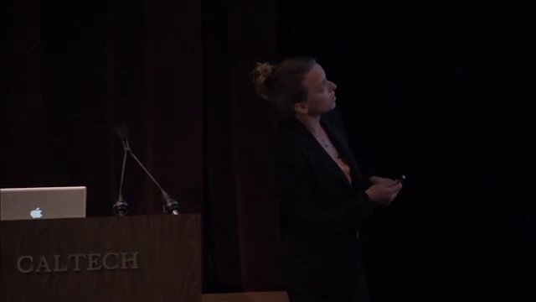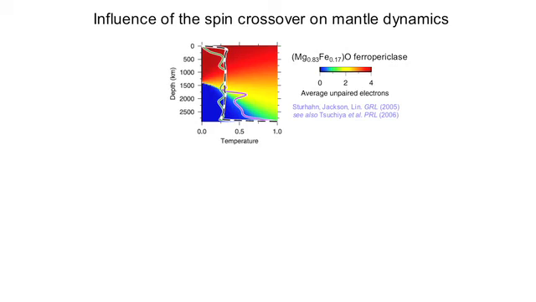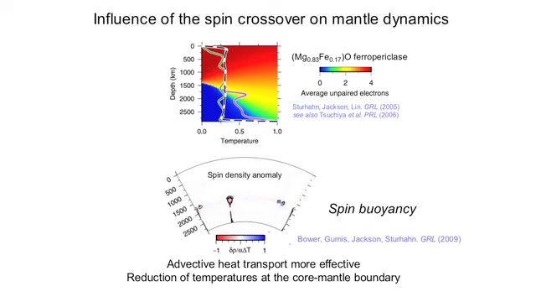So how does that density change with pressure and temperature due to this transition? It's in fact a very broad transition. This colored map shows the red are all of the iron states in this very buoyant case. It's high spin, very buoyant, compared to its low spin counterpart, which is the area all in blue.